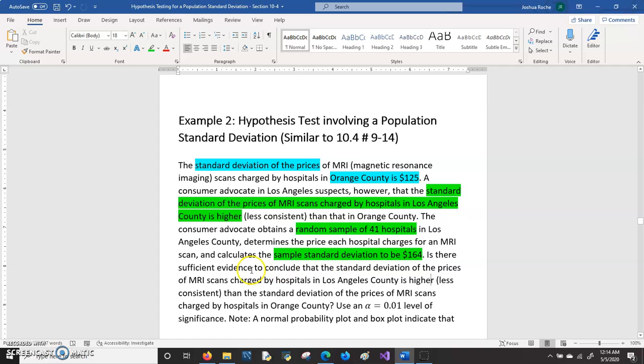And so again, the question that the consumer advocate is asking is: is the standard deviation of prices in Los Angeles County higher, or in other words, less consistent, than the standard deviation of prices in Orange County?